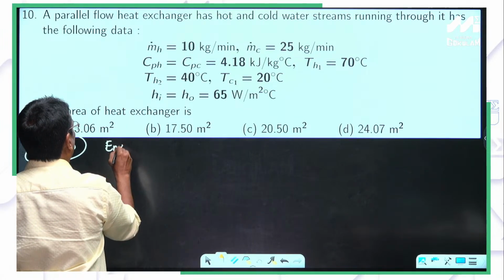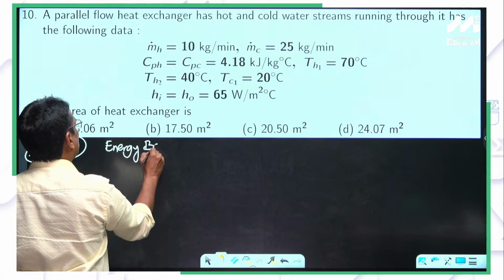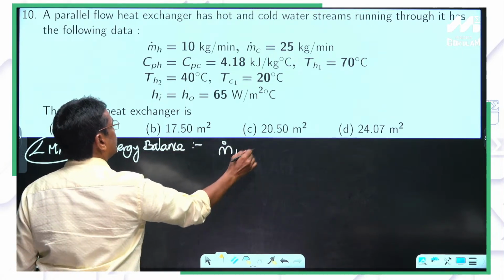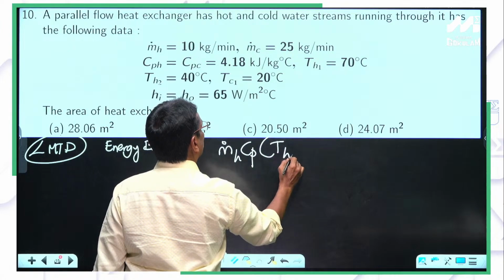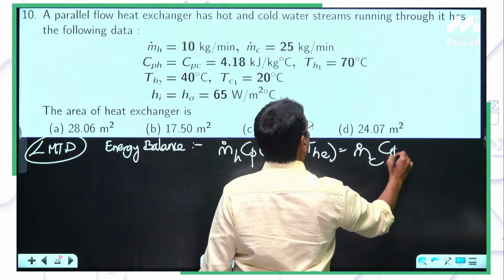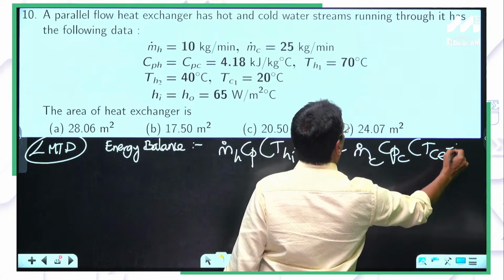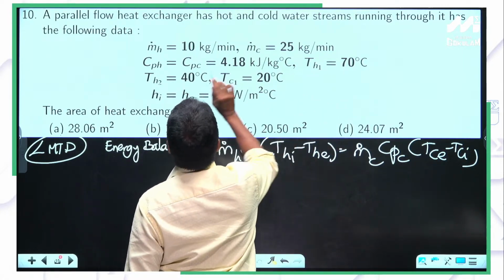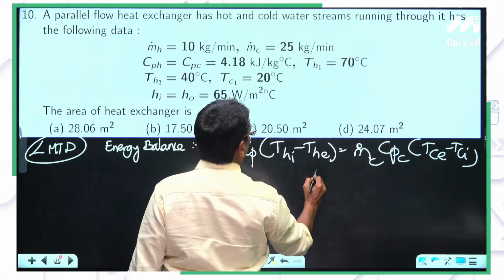From the energy balance equation, m dot h Cph (Thi minus The) is equal to m dot c Cpc (Tce minus Tci). He has given Thi, The, and Tci, so you can calculate the Tce.